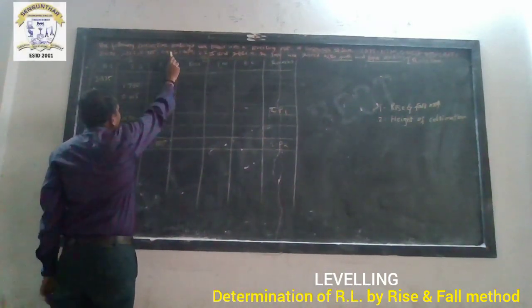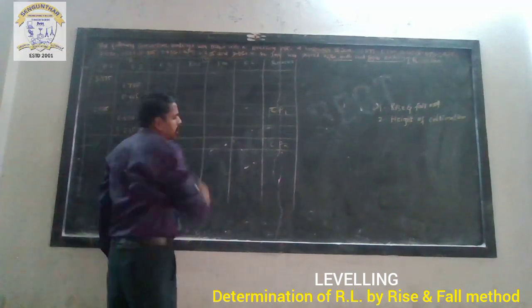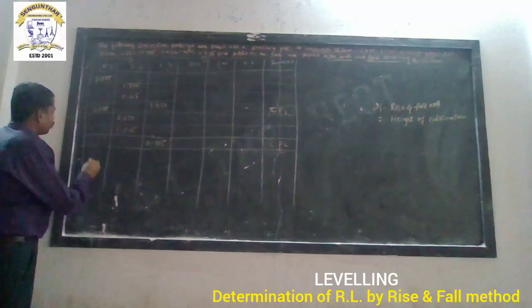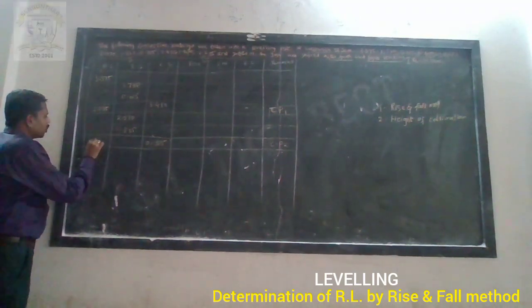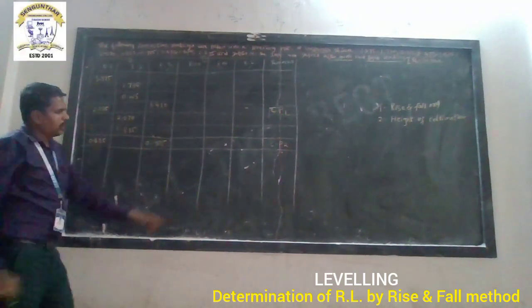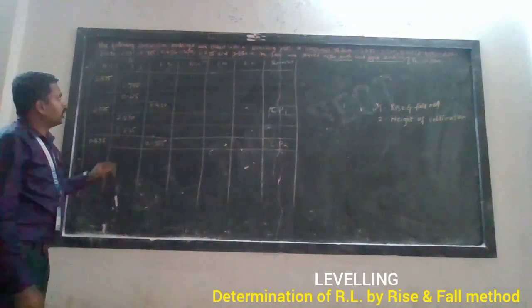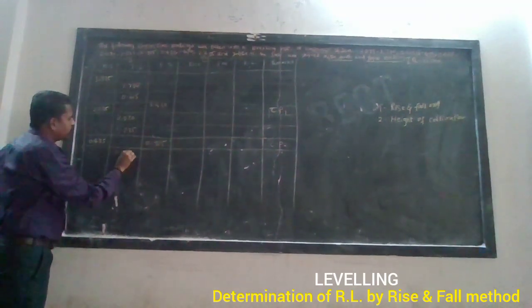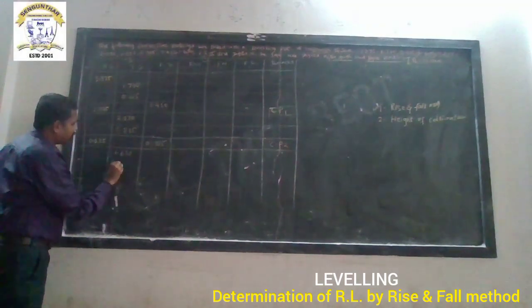Then the third set, how many readings? 1, 2, 3, 4. In the third set also there are 4 readings. As I said earlier, the first reading is entered in the backsight, in the previous row. There are 2 intermediate readings, that is 1.630 and another one 2.255.